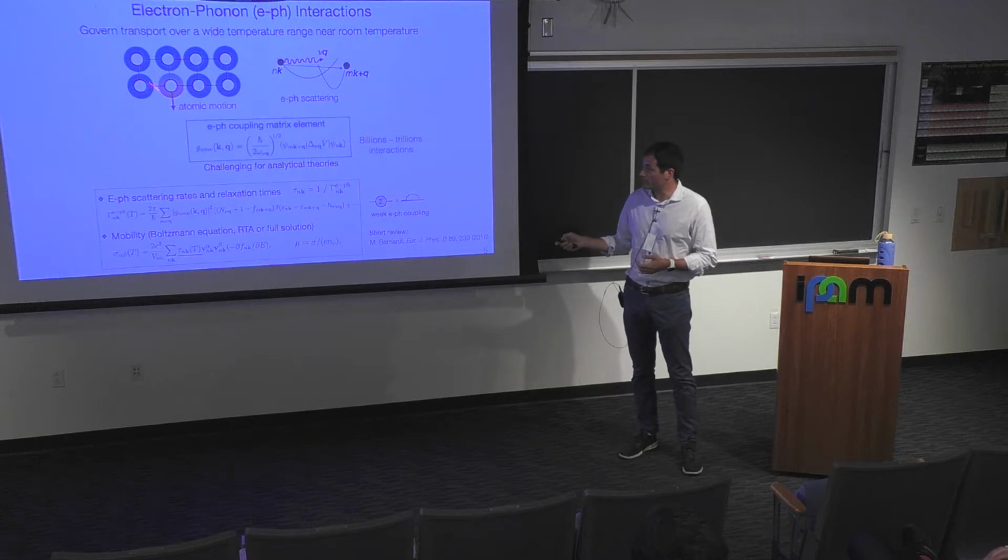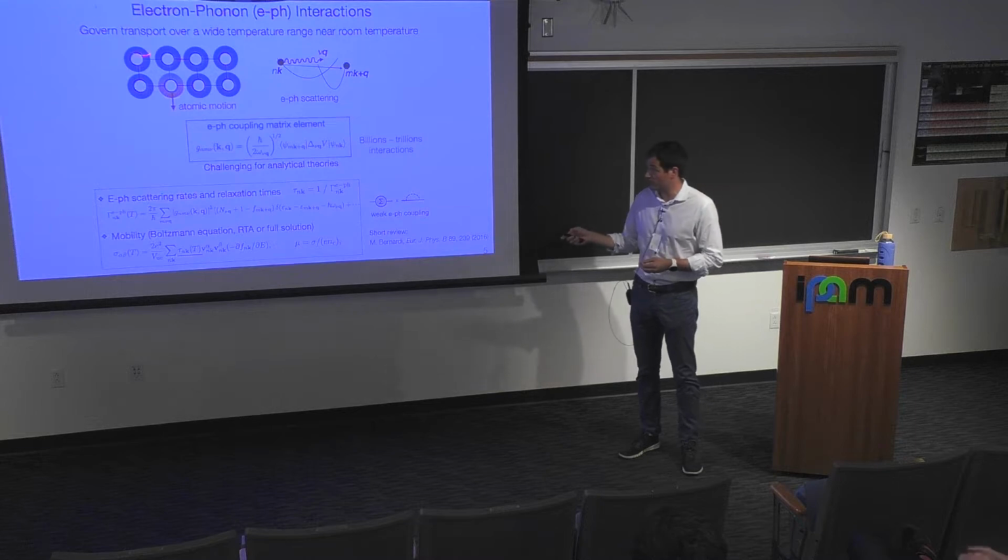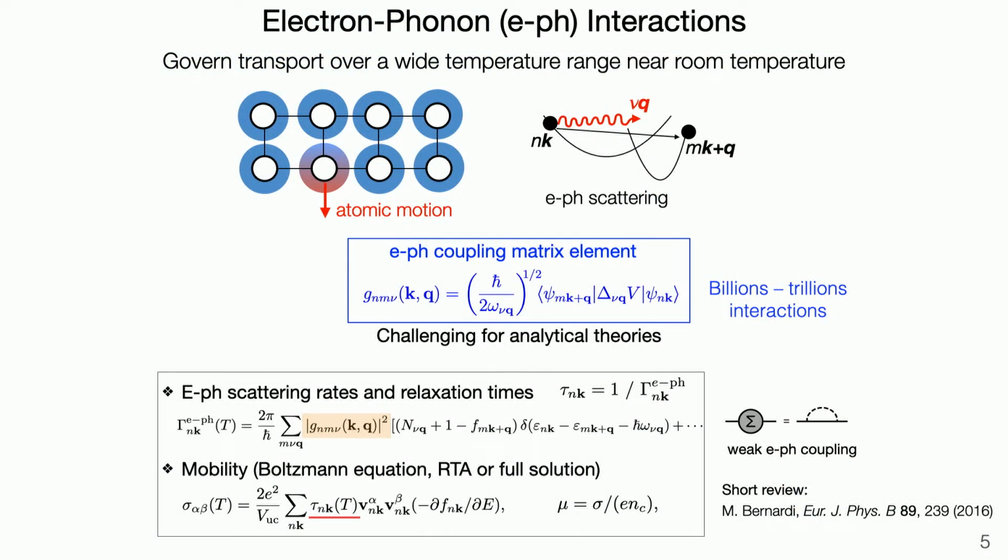That motion perturbs the periodic potential seen by the electrons in a solid, and that perturbation causes the electrons to scatter. So an electron in a solid, initially in a state with a given band n and crystal momentum k, gets scattered into a different state by emitting or absorbing a phonon with a given momentum q.